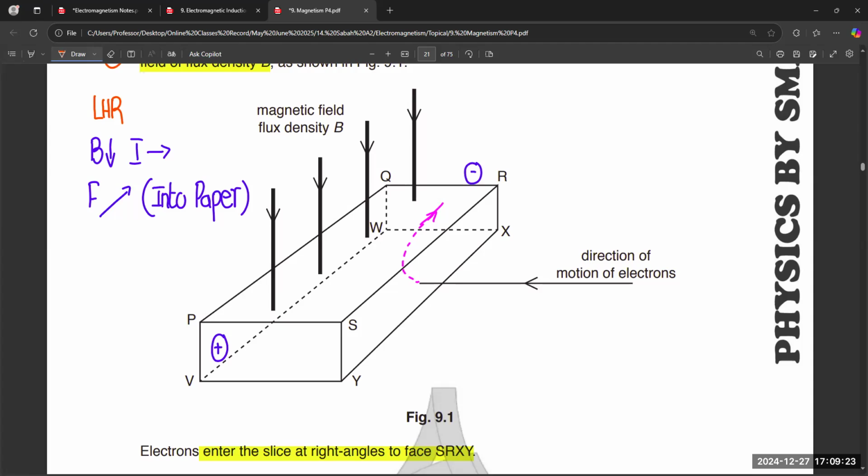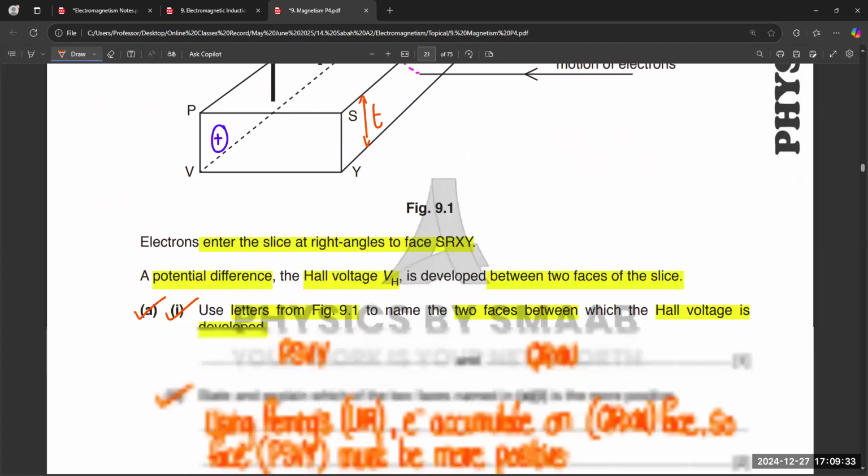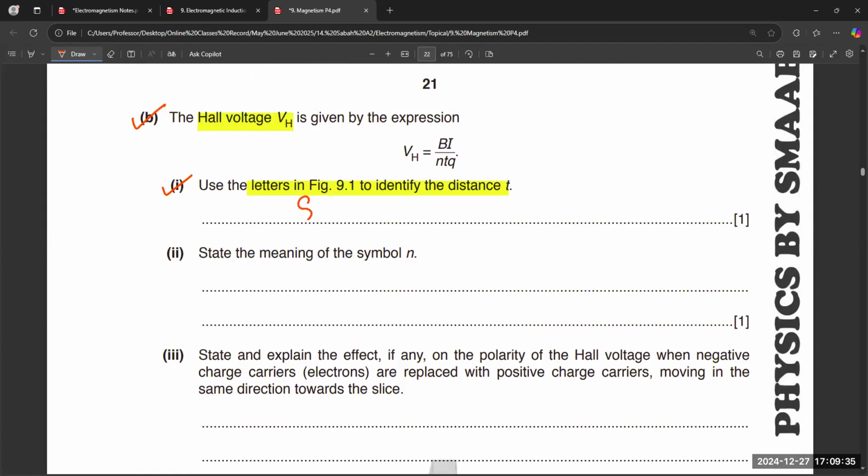From left to right, SYRX and then PVQW. Correct. The second part is the same.